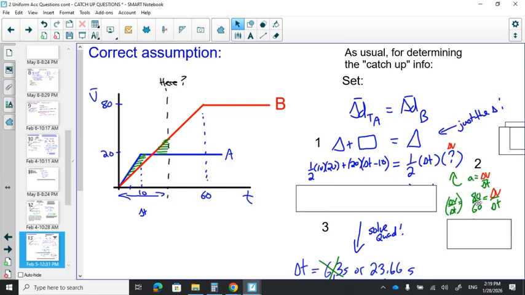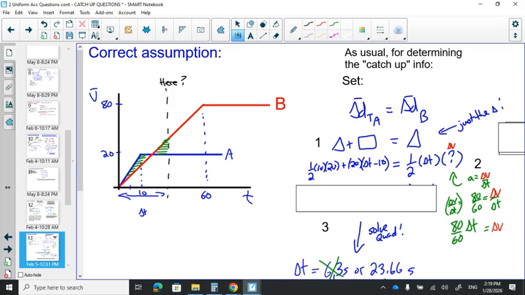Pointing out that the 80 over 60 is just delta V over delta T. And yeah, so if I multiply delta T across, then I'd have delta V as this thing right here. So assume that orange with the symbol on top of it. We have this thing right here. That is delta V, right? So that can go in there. And that's what this next line is going to have.